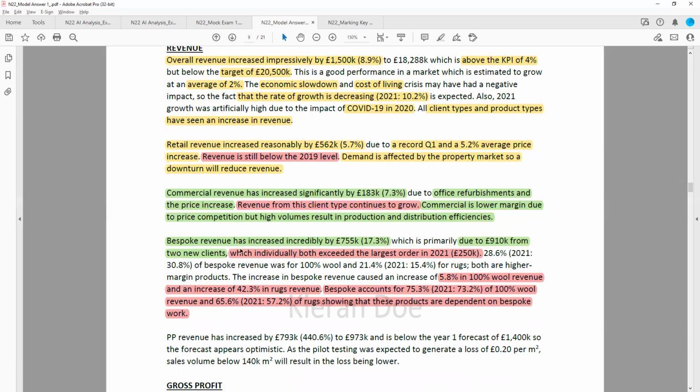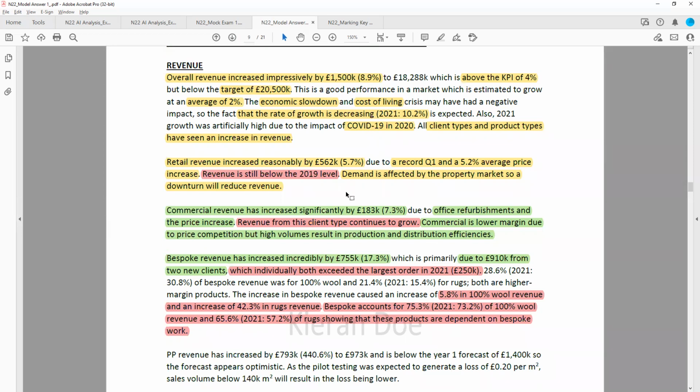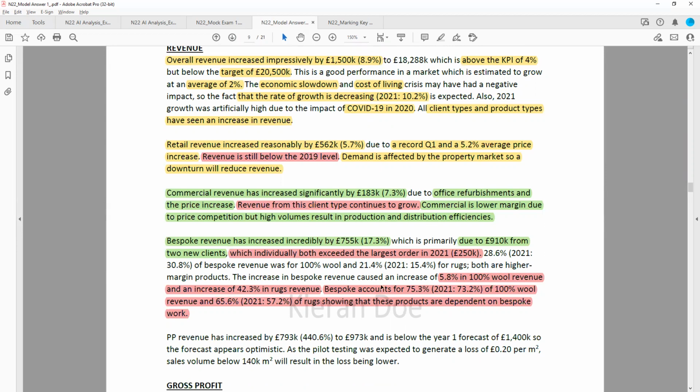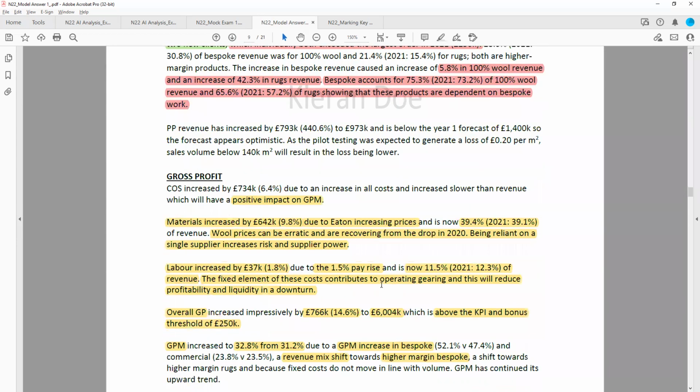But we know when we did our analysis, we had number, reason, further insight points, and also some context points as well. So in your conclusions, you've got number and reason. But what you can do in your exec summary is add in some of these additional points, these further insight points. So focus on the ones which have the most significance, which are the most interesting points to bring to the attention of the directors.